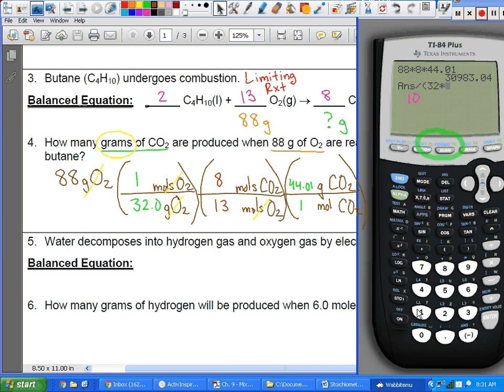Now, you know you can't write that whole ridiculous thing down, right? What was the only number in the question? 88. So how many sig figs is that? So what's your answer? 74. So 74 grams of carbon dioxide is produced.